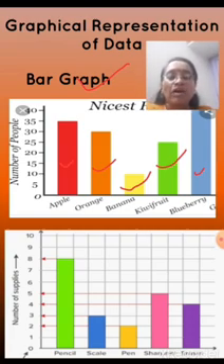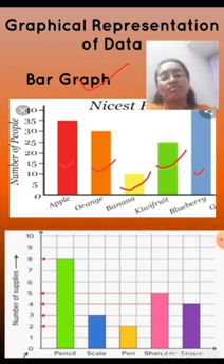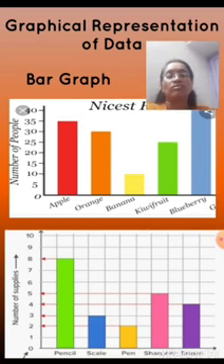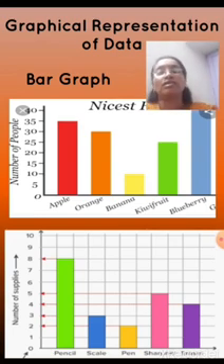The main thing you have to keep in mind when you are drawing a bar graph is two things. One is that all bars should have uniform width.